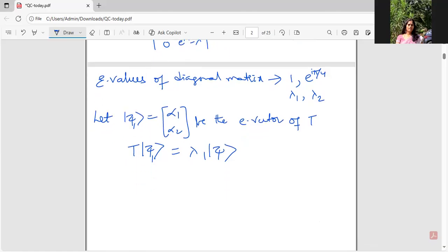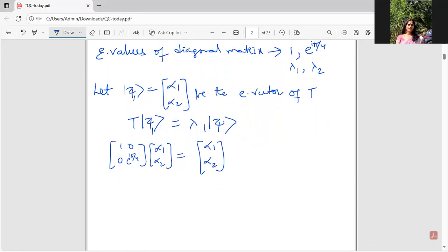Now, what is T? [[1, 0], [0, e^(i pi/4)]] times (alpha 1, alpha 2) is equal to lambda 1, which is 1, so the right side would also be (alpha 1, alpha 2). Now from the first equation I get alpha 1 equal to alpha 1. From the second equation, e^(i pi/4) alpha 2 is equal to alpha 2. Now just see here, what will I get from this?